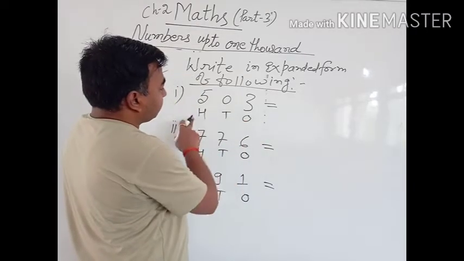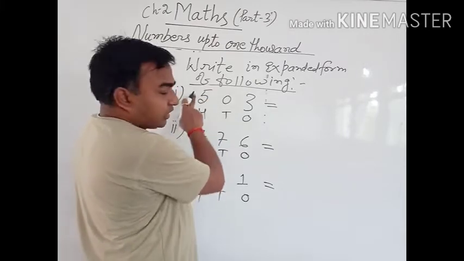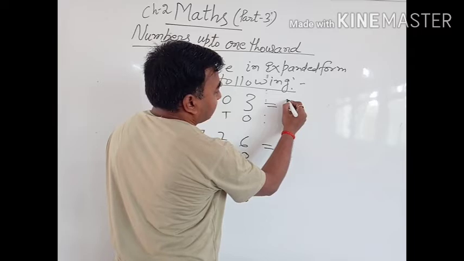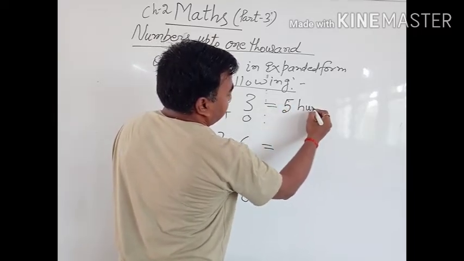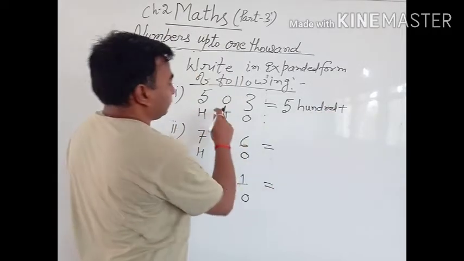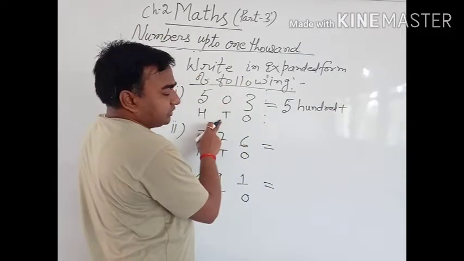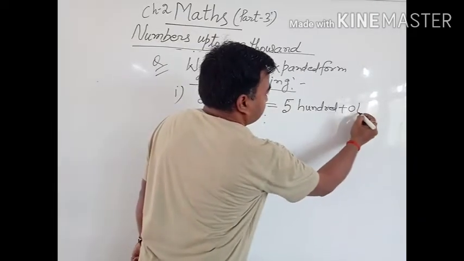Now start from the hundreds place number. What is the place of this 500? We can write 500 plus. What is the place of the 0 tens? 0 tens.